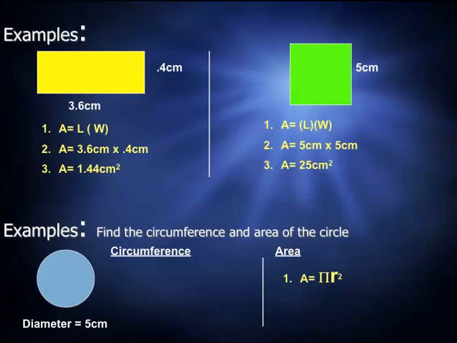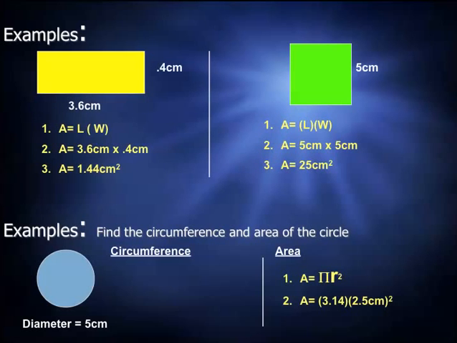Area equals what? Laura? 3.14 times. What's the radius here, Caitlin? 2.5. 2.5 centimeters squared. Does pi have units with it? No, no units for pi.